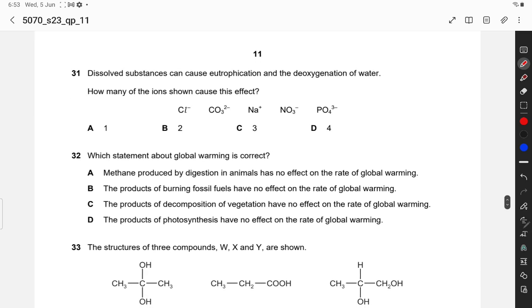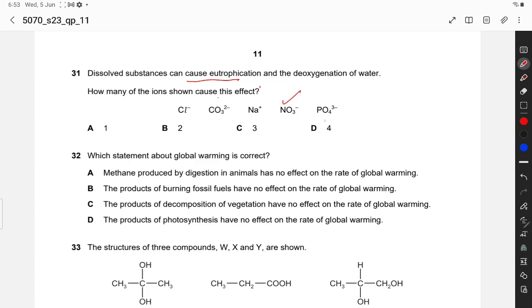Question number 31. Dissolved substances can cause eutrophication and the deoxygenation of water. Yes, dissolved substances can cause eutrophication and the deoxygenation of water. How many of the ions shown cause this effect?